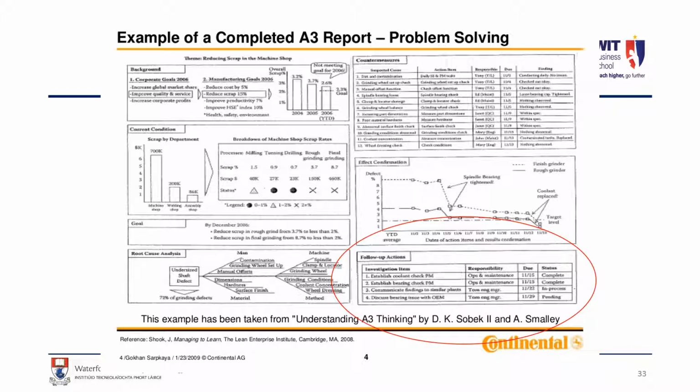But you've also got communicating findings to similar plants, so a bit of knowledge sharing there, and even extending it outside the organization and discussing with the supplier, the original equipment manufacturer. So you've got a follow-up action there. And that pretty much concludes the A3 report.